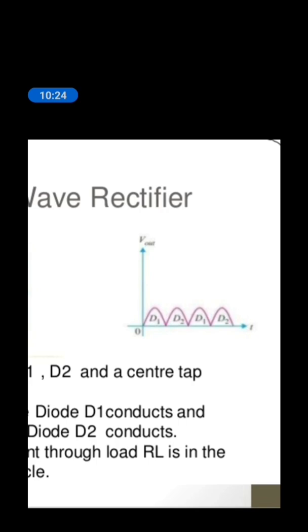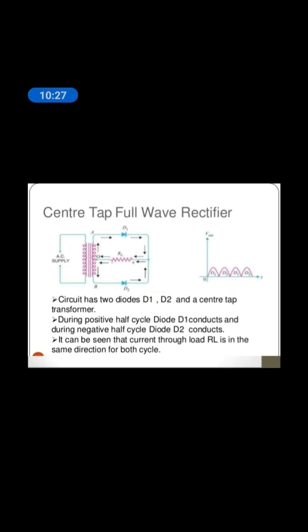So in this way we get the output across the load resistance RL. The circuit has two diodes D1 and D2 and the center tap transformer. During positive half cycle diode D1 conducts, and during negative half cycle diode D2 conducts. It can be seen that current flows through the load resistance RL in the same direction for both cycles.